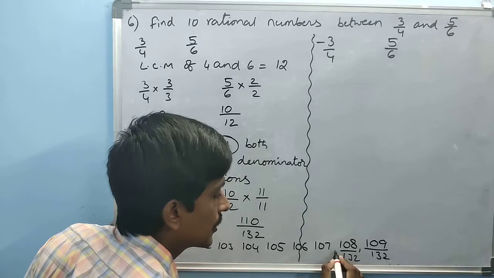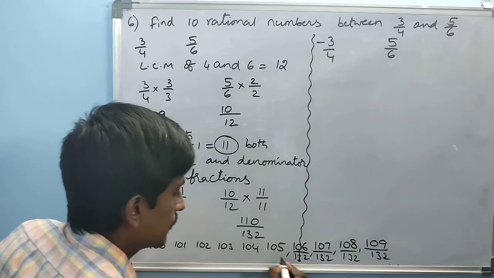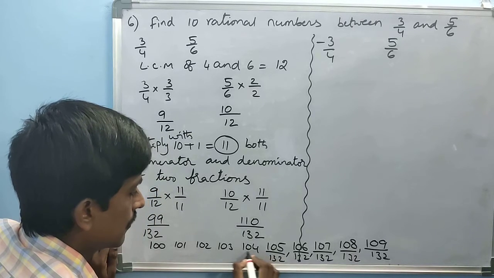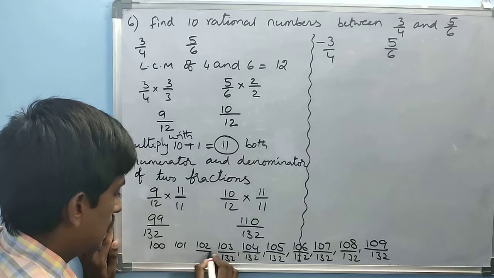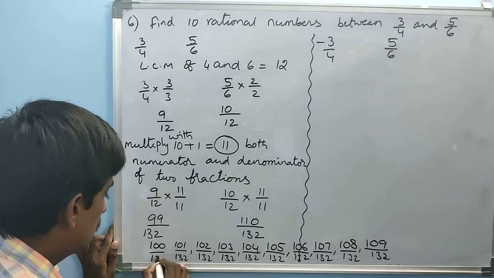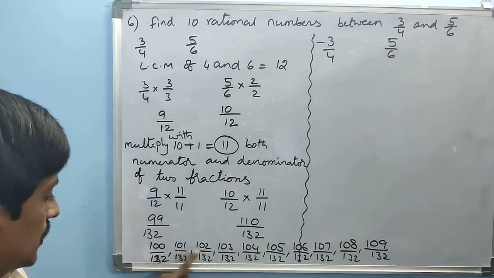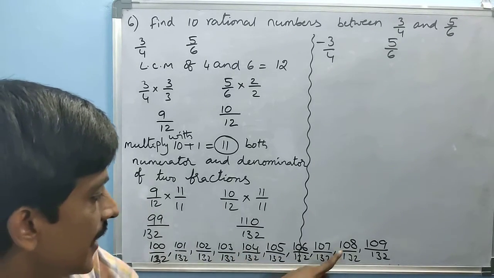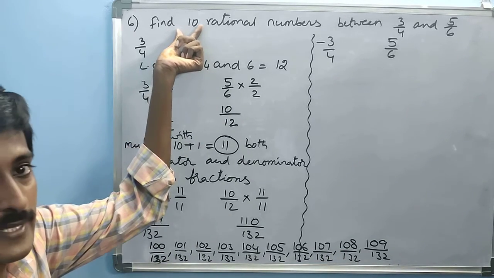Count 1, 2, 3, up to 10. You need 10 rational numbers.